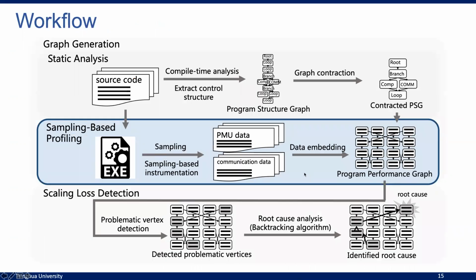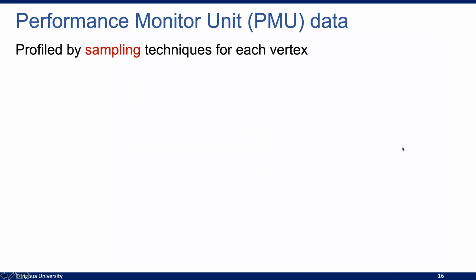Then, the sampling-based profiling module. In this module, we first use sampling-based approaches to collect performance data, including PMU data and communication data, then embed the data in the program structure graph and form a program performance graph. We use sampling techniques to profile PMU data for each vertex.